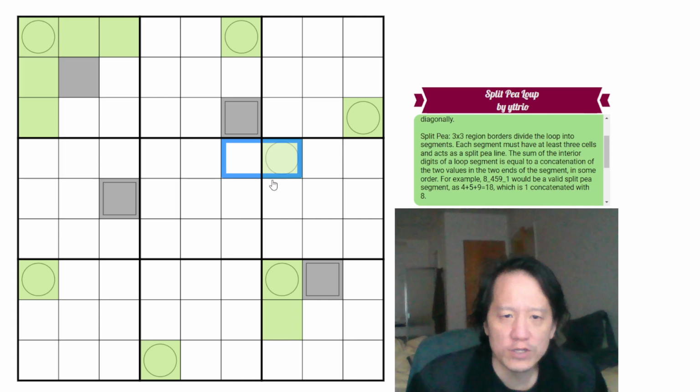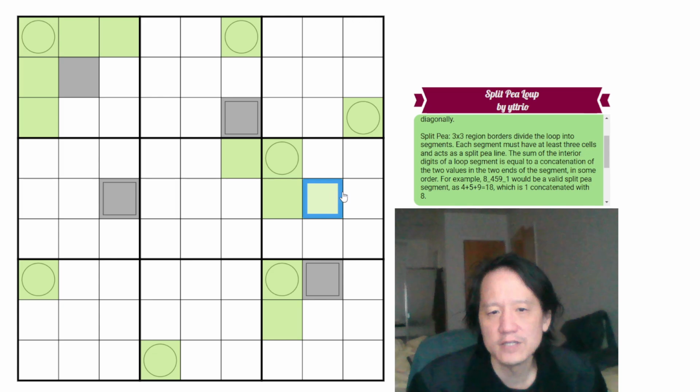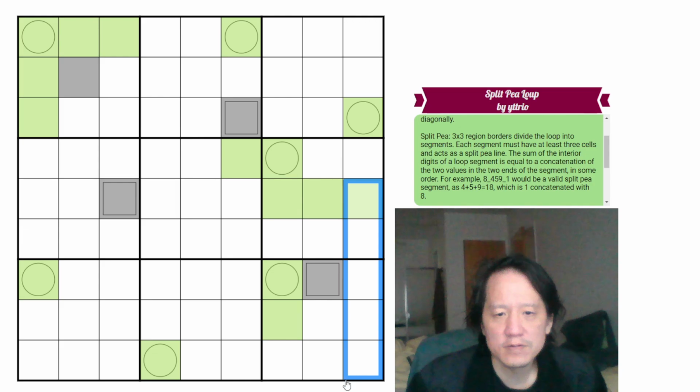So if we try this way, then it can't connect this way because then this would only be 3. So it can't go here. It would have to go here. It can't go here because then it would touch, either go back and touch this way, or it would just touch this way. So that's not allowed. So then it has to go this way. I don't even know.